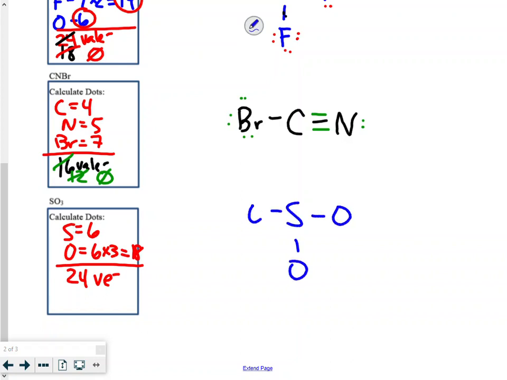Add your ligands. Now we satisfy the octets of the ligands. A total of 18, so now we've run out because we had already used 6, so we had 18 left. Now we've used the rest of them, so now we're down to 0.